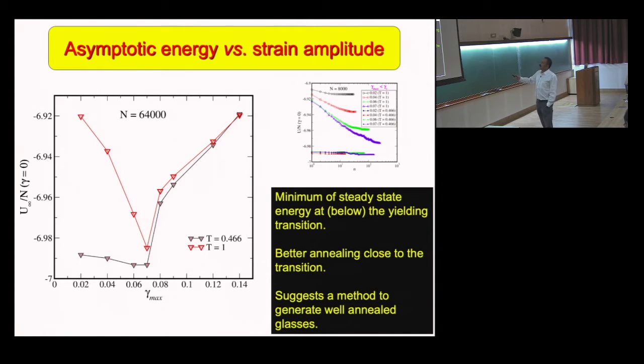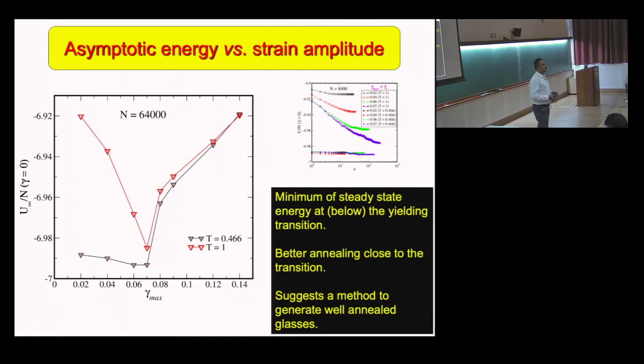If you look at the asymptotic energies as a function of the amplitude of shear deformation, which is the only parameter in the athermal limit, you find that this asymptotic energy depends on the initial glass you started with and appears to have a minimum very close to what we identify to be the yielding transition. I won't go into that part of the story now.